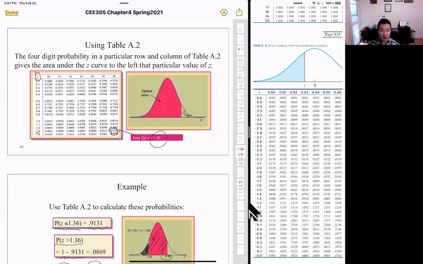So 1.36 is here, 0.9131. Which tells us that for a randomly chosen value, the probability of a z-score less than 1.36 is 91.31%.